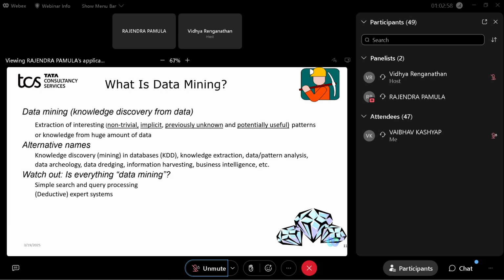That is one sort of technique that we do. So it is implicit, it's not trivial, it is previously unknown, and it may be potentially useful. This is what we call knowledge discovery from data.